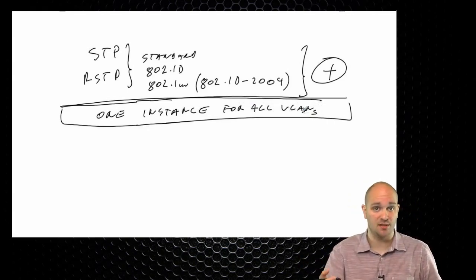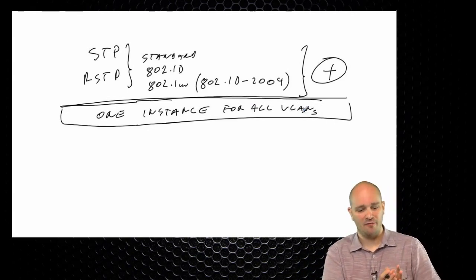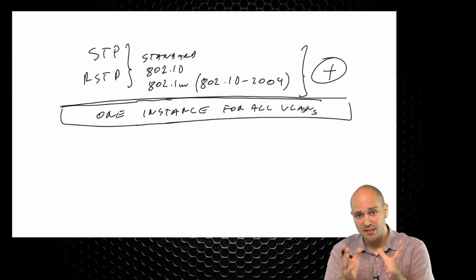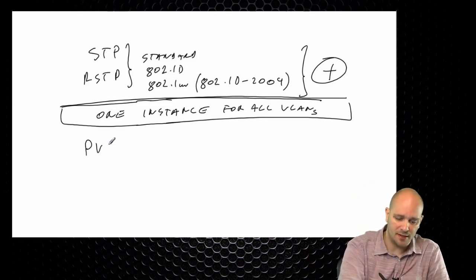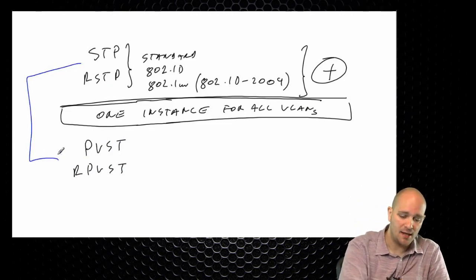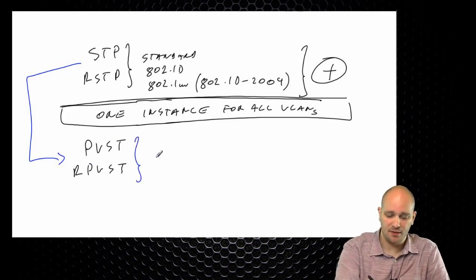It has been addressed with the multiple spanning tree, but in order to address the need to maybe have different topologies for different VLANs, Cisco invented per VLAN spanning tree and rapid per VLAN spanning tree. Now, they're basically behaving in the same way as spanning tree and RSTP do, except there is one instance for each VLAN.